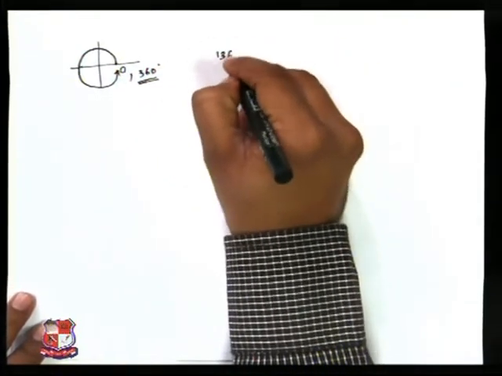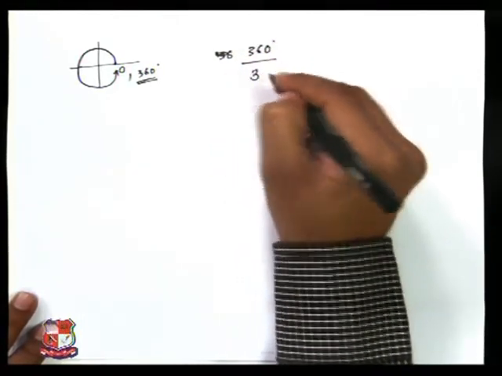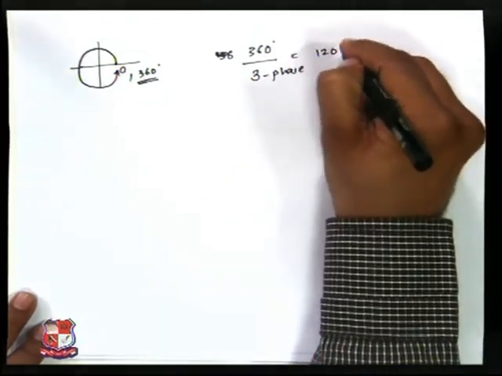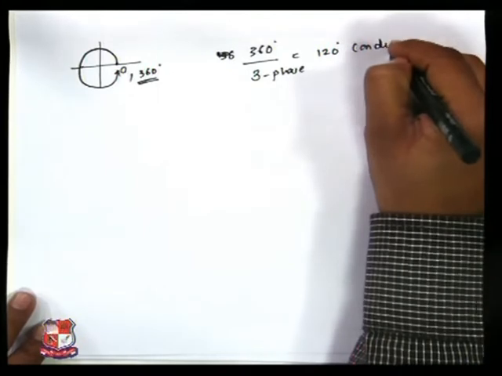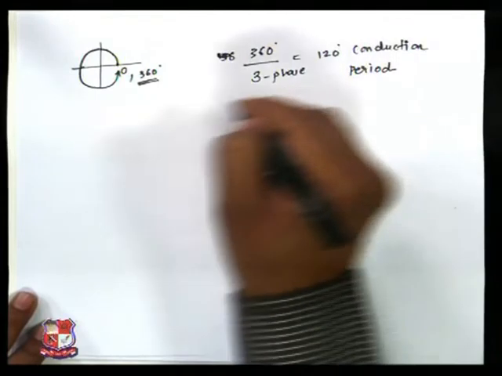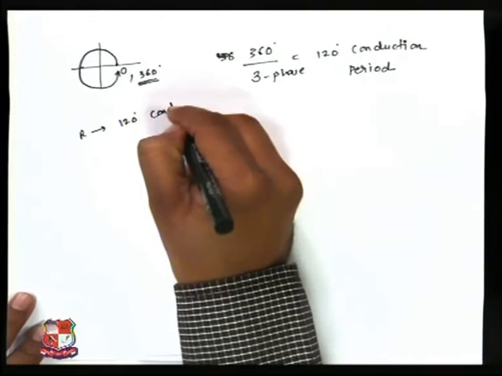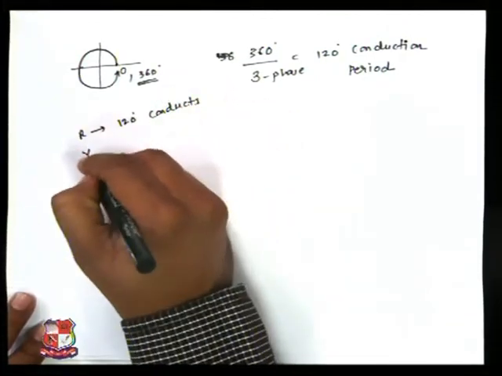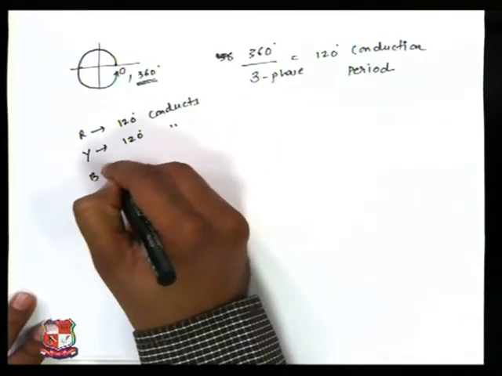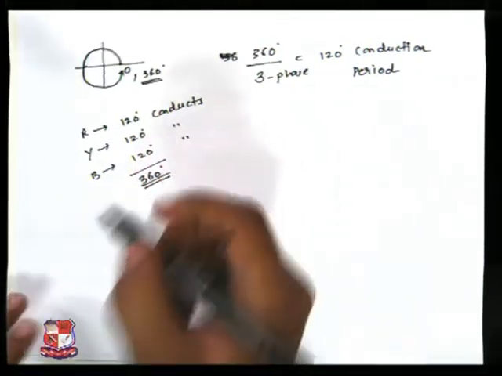So 360 divided by the 3 phases gives the conduction period for each phase, that is 120 degrees. So R phase conducts current for 120 degrees, Y phase conducts current for 120 degrees, and B phase again conducts current for 120 degrees. The total is 360 degrees.